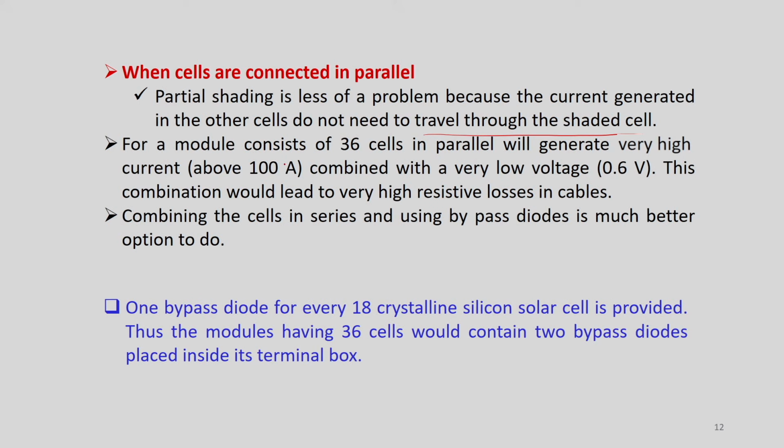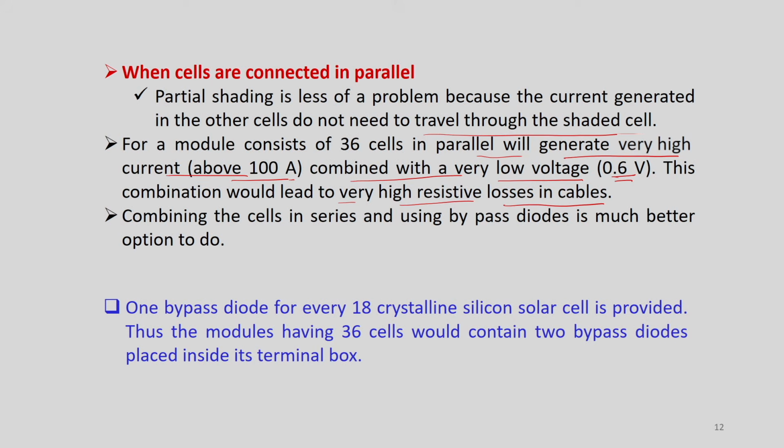For a module consisting of 36 cells in parallel, it will generate a very high current, above 100 ampere, combined with a very low voltage of about 0.6 volt. This combination would lead to very high resistive losses in the cable. So, these kinds of configurations are normally not preferred because of these reasons.